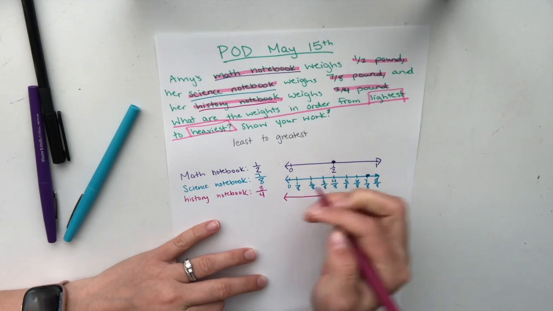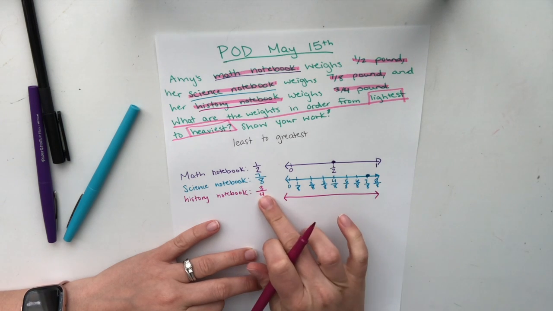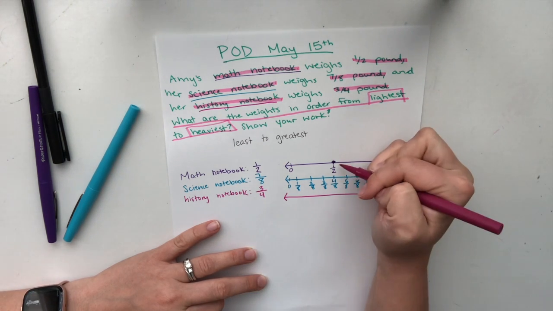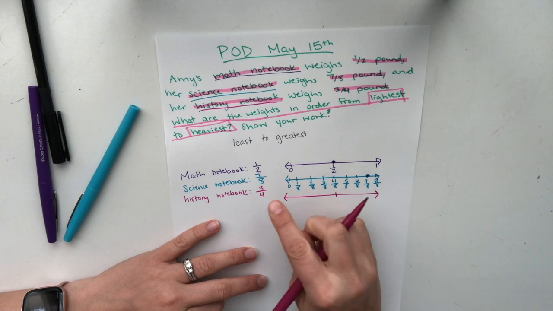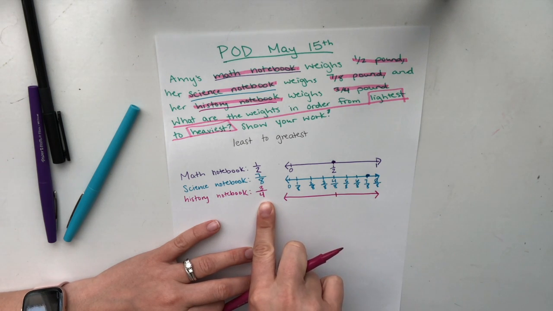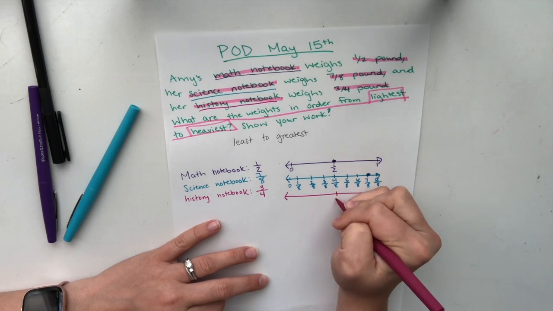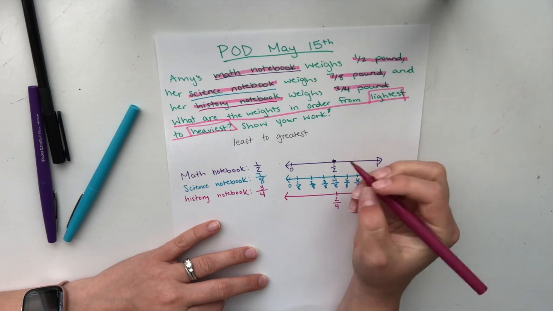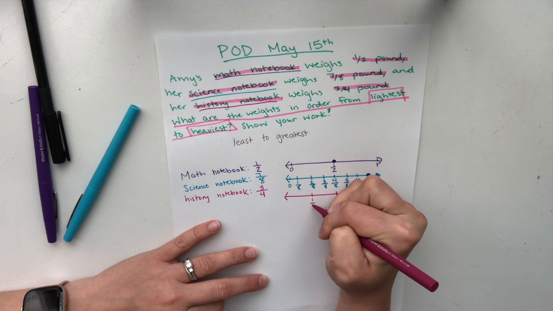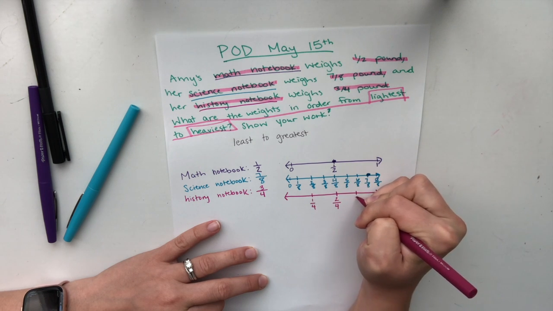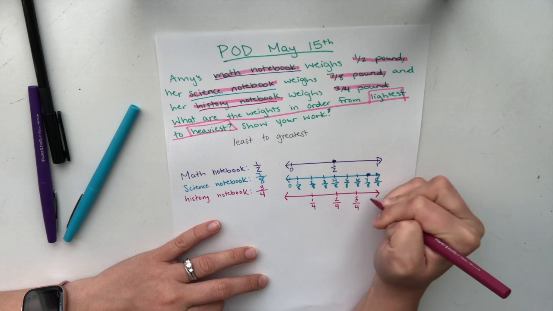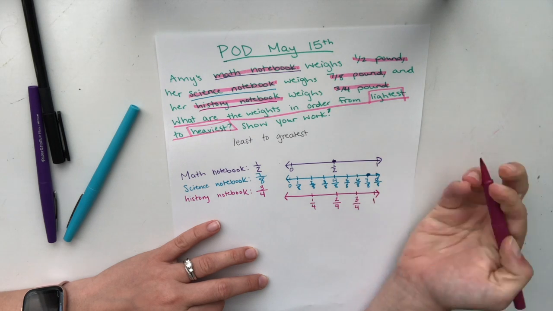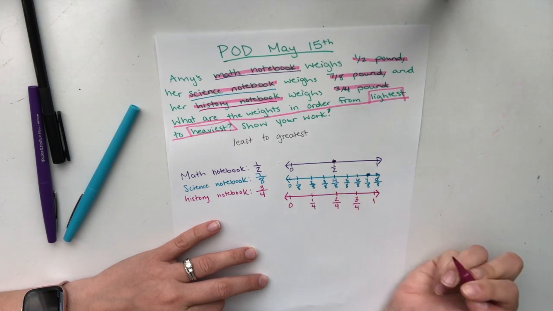You see how my linear models are the same. So we're working with fourths, okay? So again, we have that halfway mark. What's half of 4? Good, it's 2. So that's 2/4. And so then we would have 1/4, 3/4, and this would be 1, or 4/4, and this would be 0.